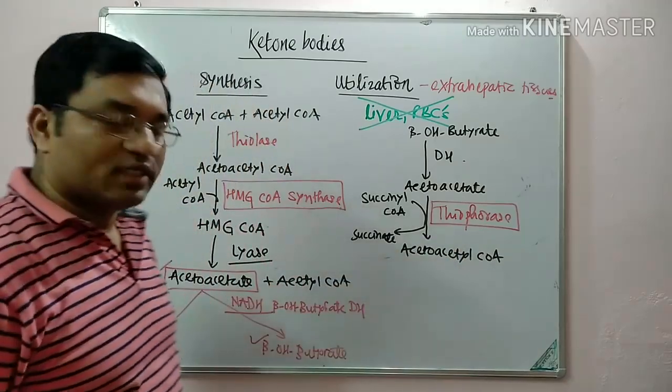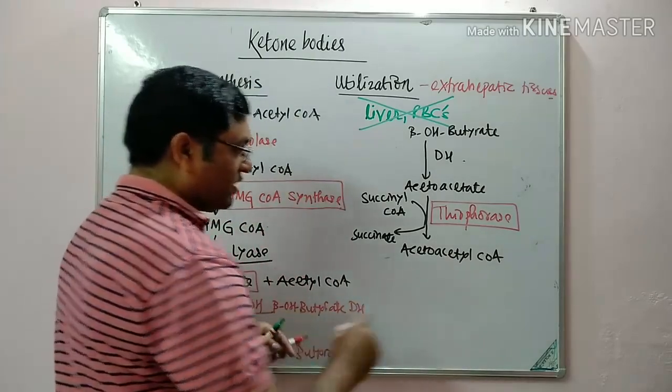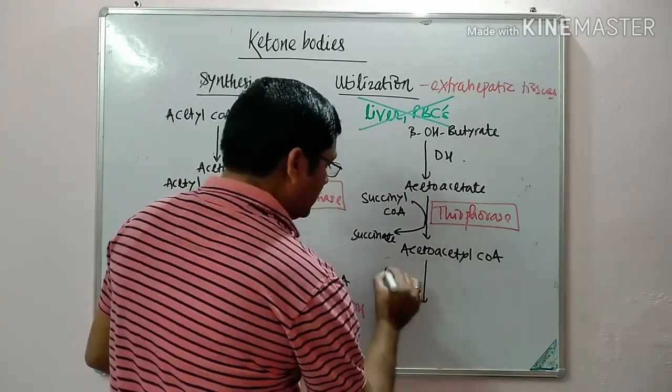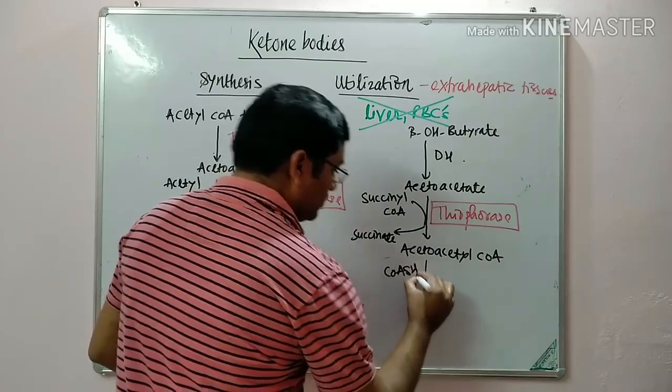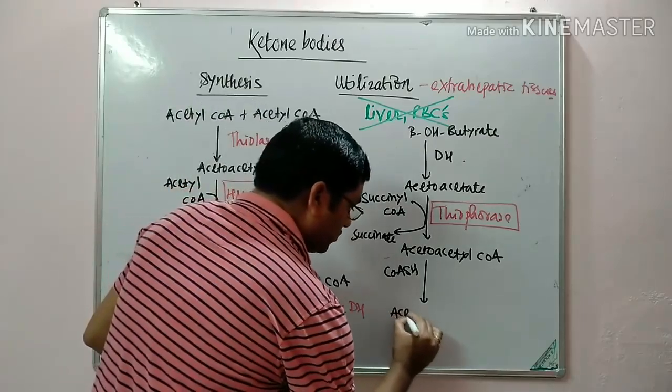This acetoacetyl coenzyme A again condenses with coenzyme A-SH and gives two molecules of acetyl coenzyme A.